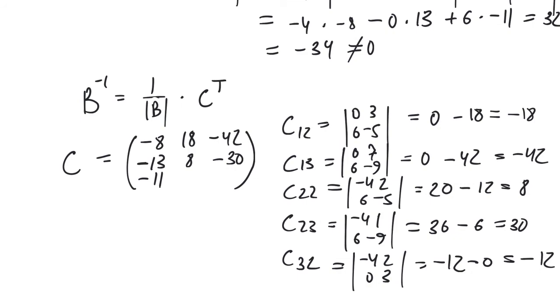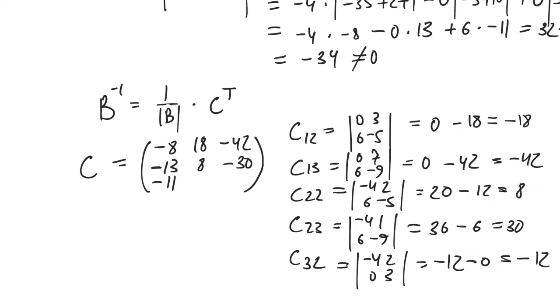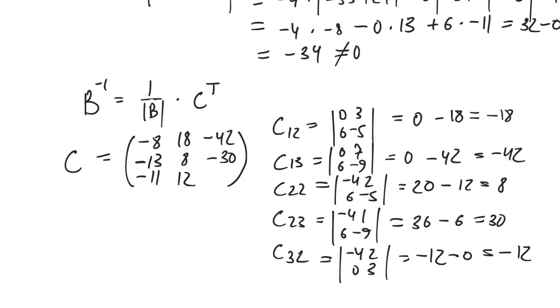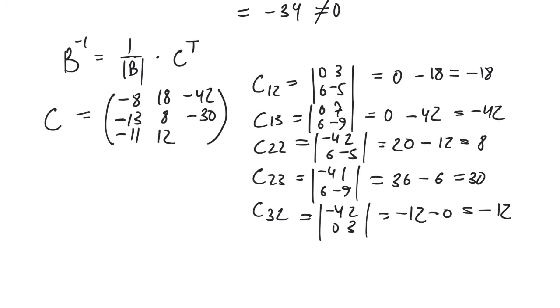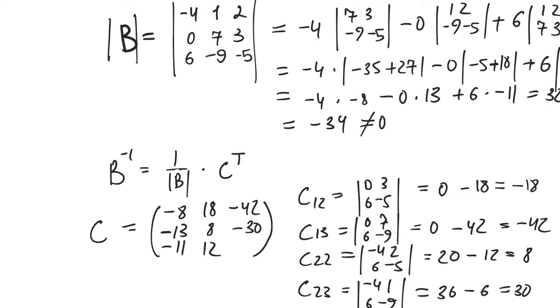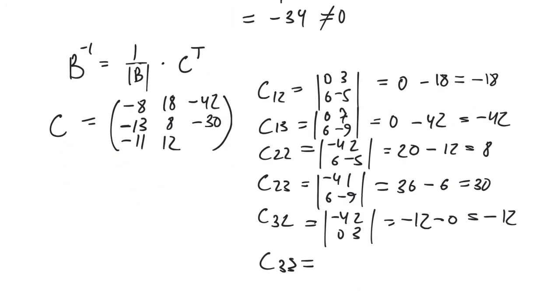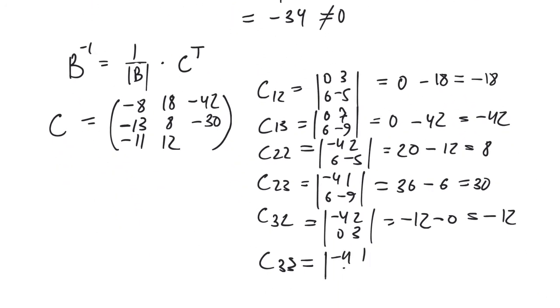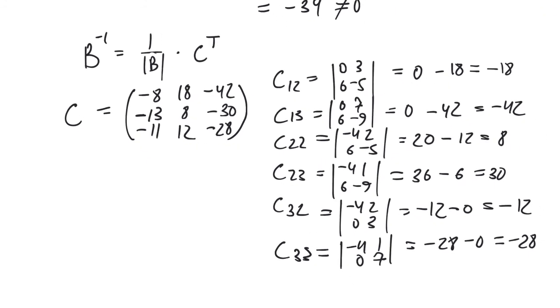And it's a negative term, so we have simply 12. So the last coefficient finally, and that's -4, 1, 0, 7. -28 minus 0 equals -28. Congratulations, we found the coefficient matrix.